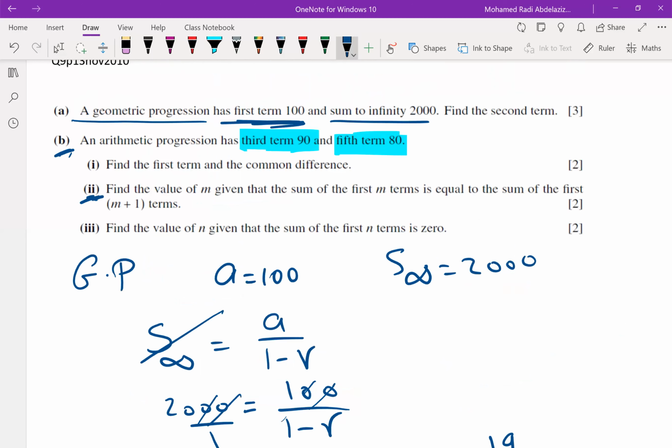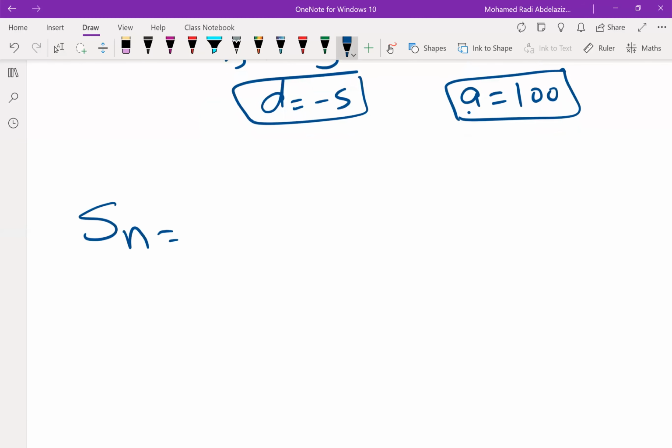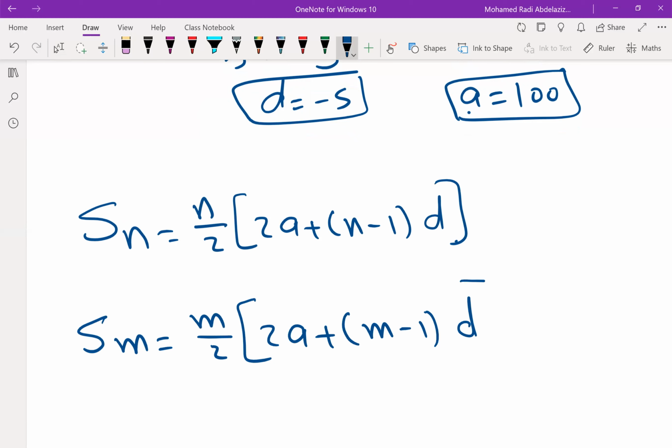Part 2, find the value of m given that the sum of the first m terms is equal to the sum of the first m plus 1 terms. In general, Sn means the sum of the first n, which is n over 2, 2a plus n minus 1 times d. So the sum of the first m is m over 2, 2a plus m minus 1 times d.